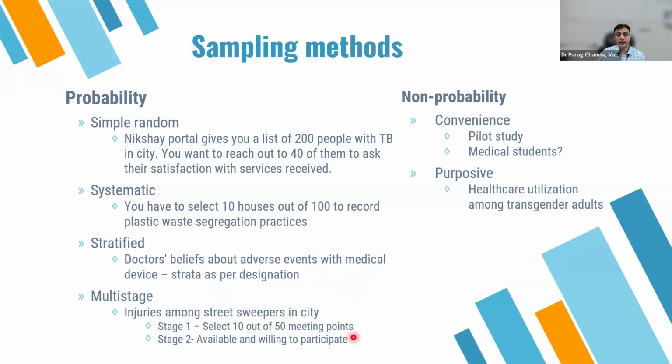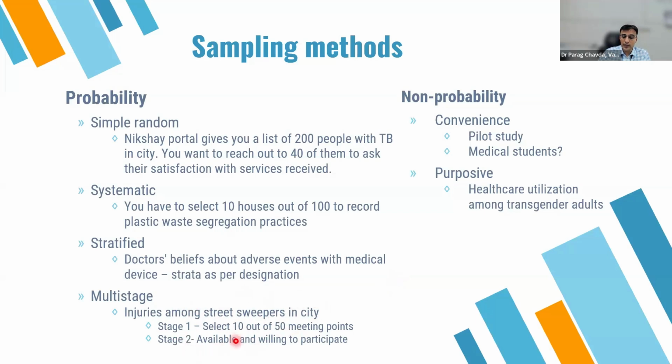Or it could be multi-stage sampling. For example, say you're interested in injuries among street sweepers in the city. Municipal corporations in urban areas employ an entire army of sweepers who are employed every morning in the task of sweeping the streets. By the nature of their occupation, they are at risk of getting injuries from sharp objects, right? So you find out what proportion of them have injuries.